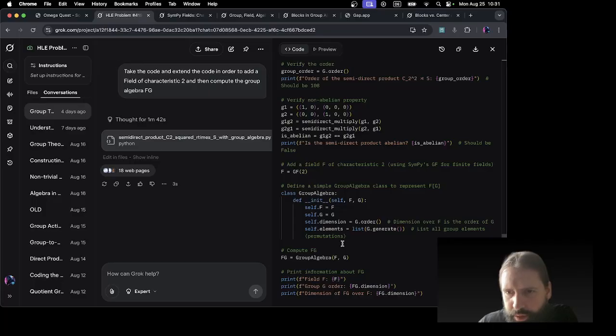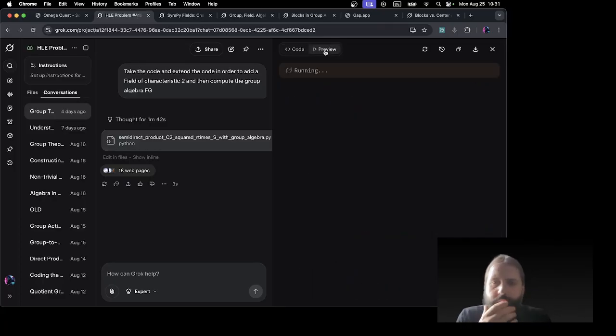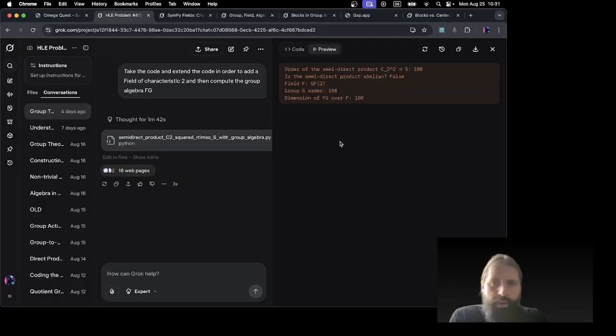Define a simple group algebra class. Dimension, elements. Let's see what the elements are according to these.